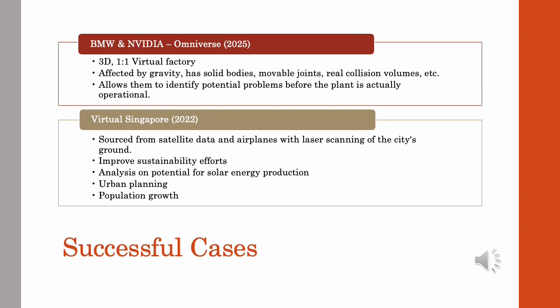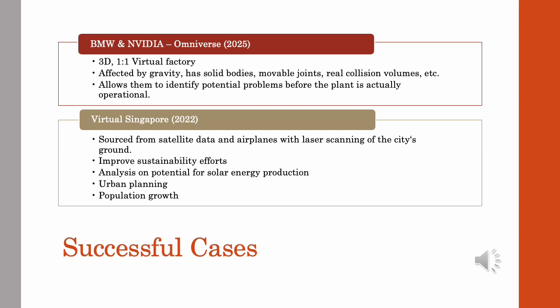Okay, let's look at the first successful case here, the BMW and NVIDIA. So before digital supply chain came out, the problem many industrial giants faced was that they needed help to predict the potential problems in their plants before they had built them. And Omniverse can be simply understood as a model of a virtual world, a 3D one-to-one virtual factory.